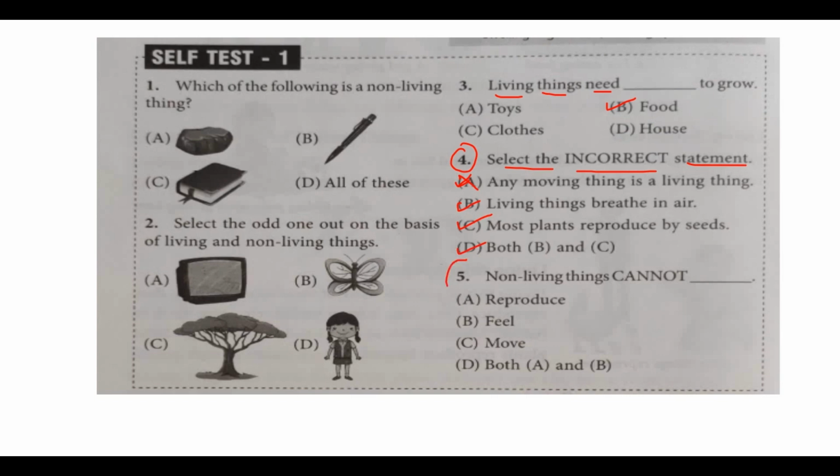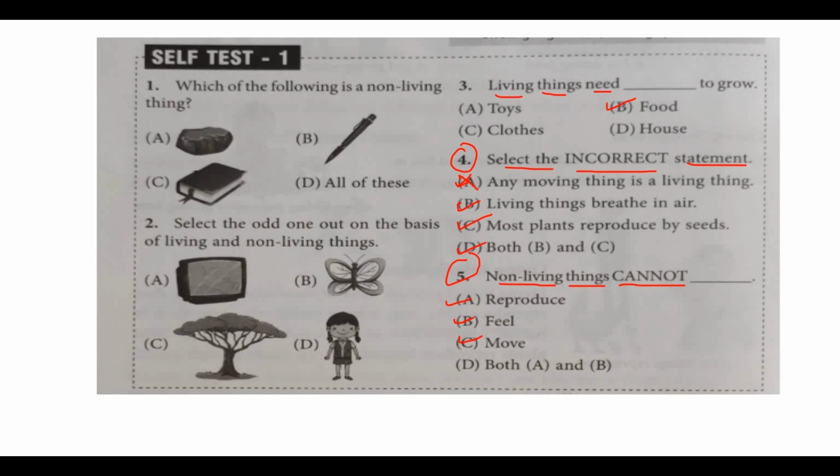Question number 5. Non-living things cannot reproduce, feel, or move, or both A and B. Non-living things cannot move by their own, but they cannot reproduce and they cannot feel.